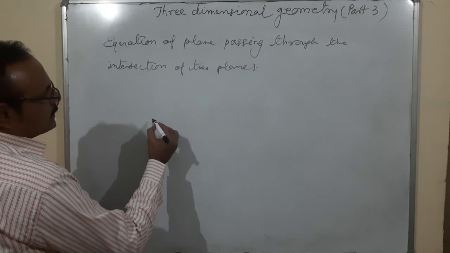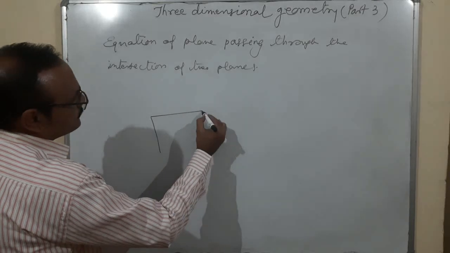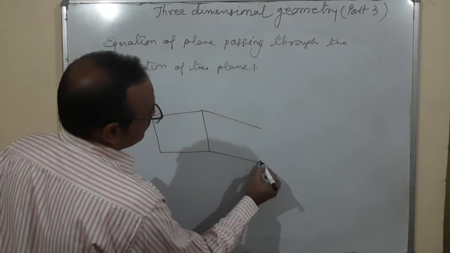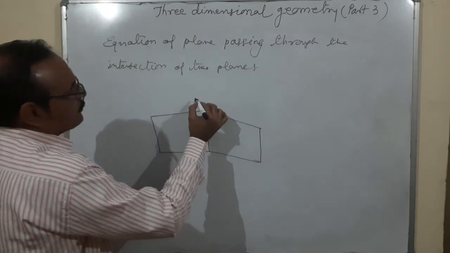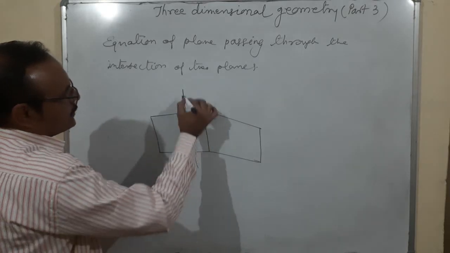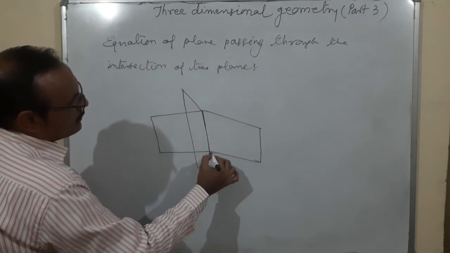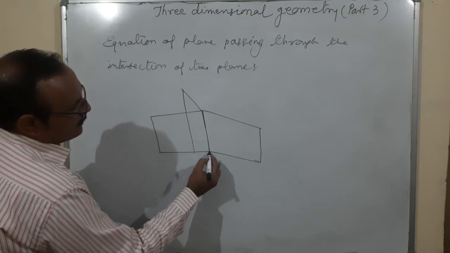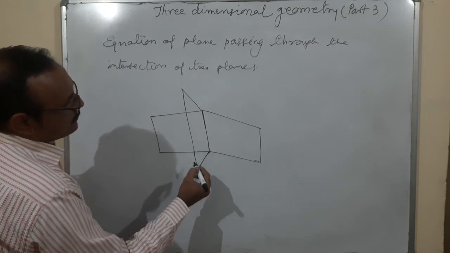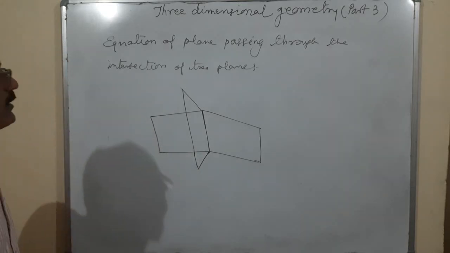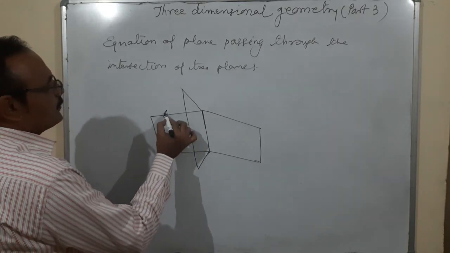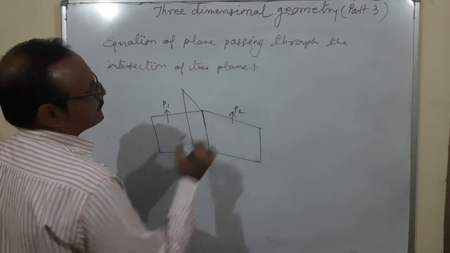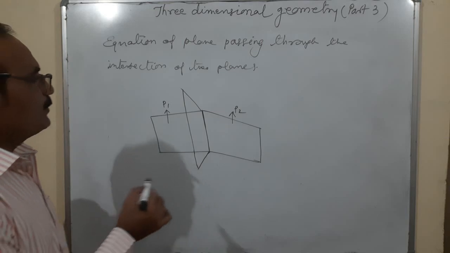Suppose one plane is this, the second plane is this, and we are going to find the equation of the plane which is passing through this line. Suppose this is the plane. We give the names, suppose it is the P1 plane, and this plane is P2.